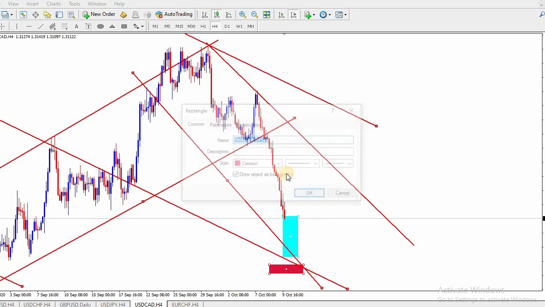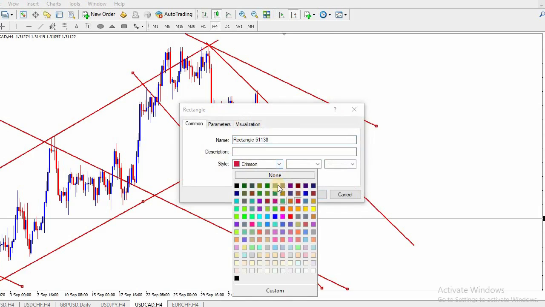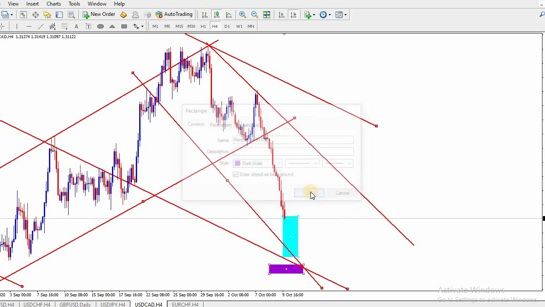That color is conflicting a lot, so I need something more abstract. Good.